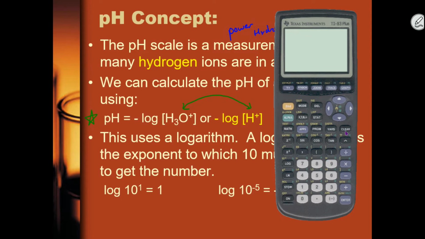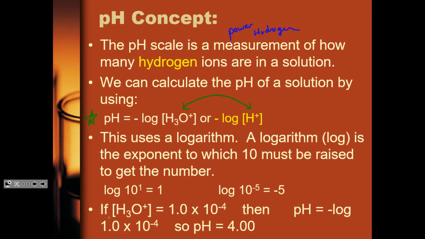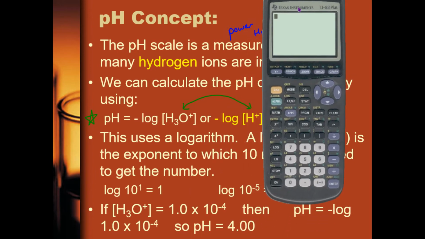So if the H3O plus concentration, we see the brackets there, is 1 times 10 to the negative fourth, then what we would do is take the pH equals negative log of 1 times 10 to the negative fourth, and we'll get a pH of 4. So let me show you that.